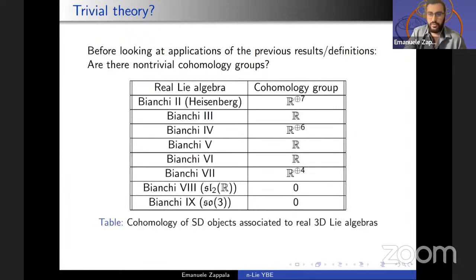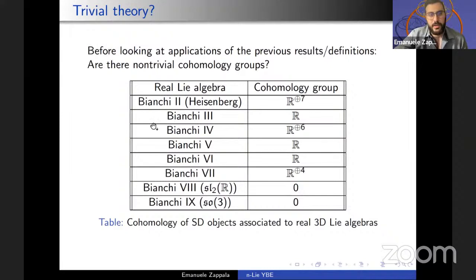The point is that, of course, at this point one would wonder whether there are actual examples of these structures, because there are going to be a bunch of equations, compatibility of different terms, something that has to be a co-derivation, has to satisfy extra compatibility conditions. It could well be that you don't have any solution in this case.